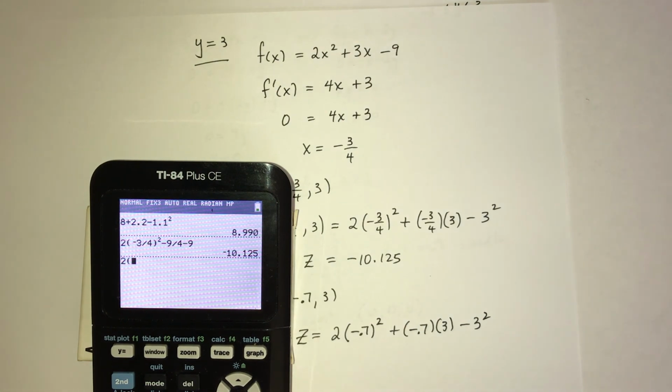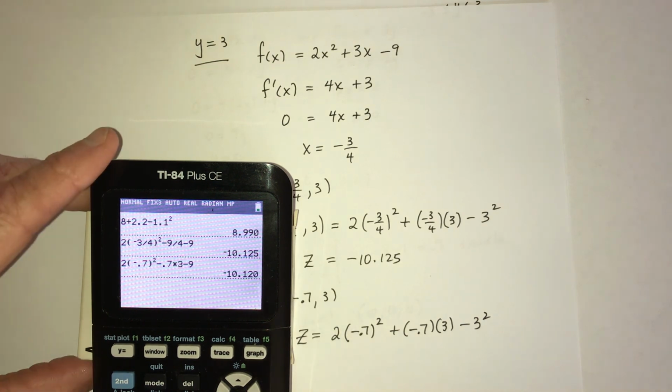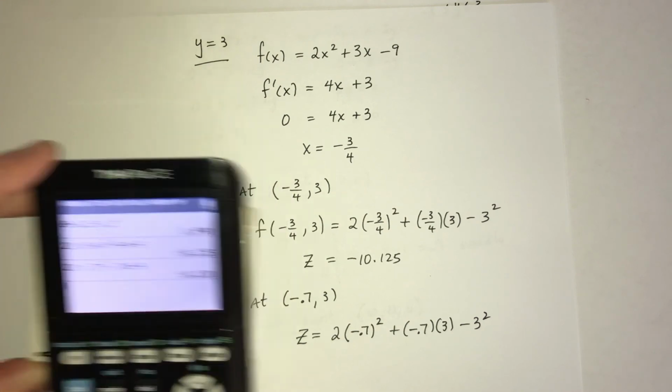So 2 times negative 0.7 squared, minus 0.7 times 3, and then minus 9. It equals negative 10.12.